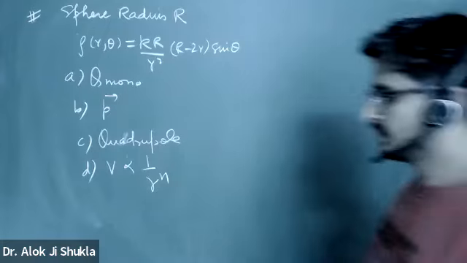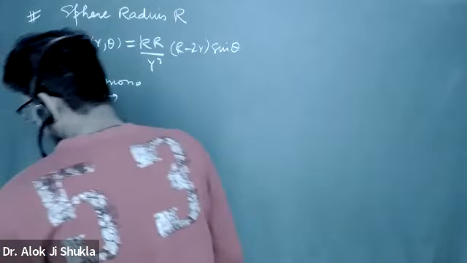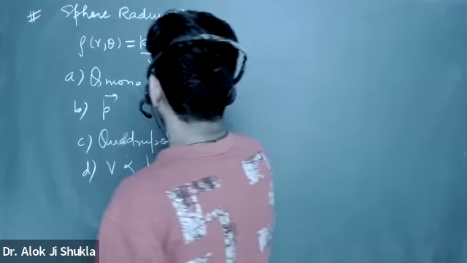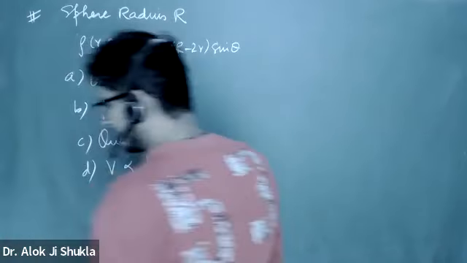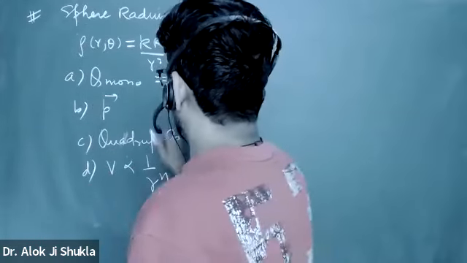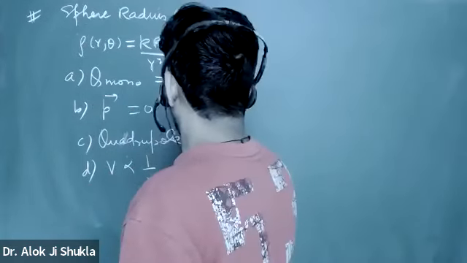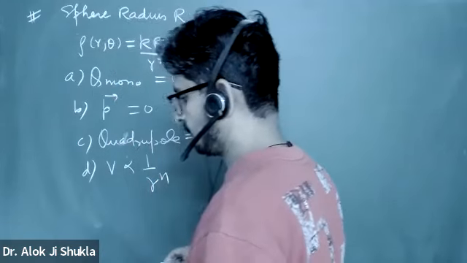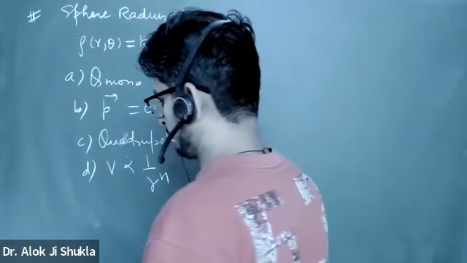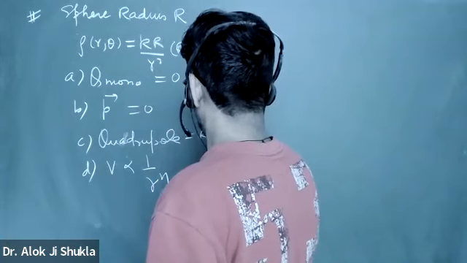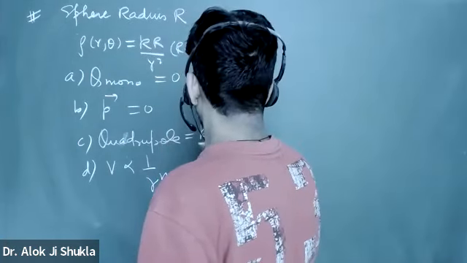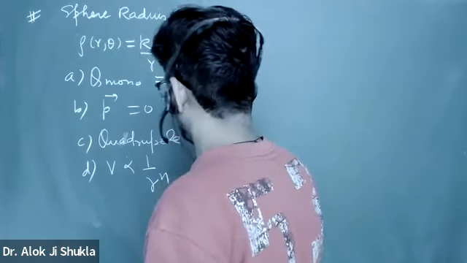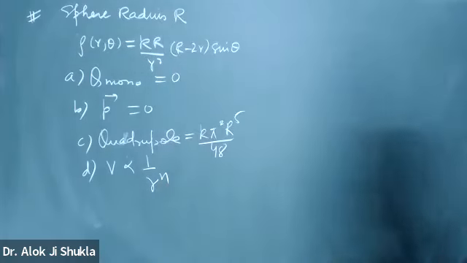Will you give a try to this? Let me put the answer so that you can match. एक बार try करना, अच्छा लगेगा. अब ये r पावर n क्या हो जाएगा? बताओ जल्दी से कोई.